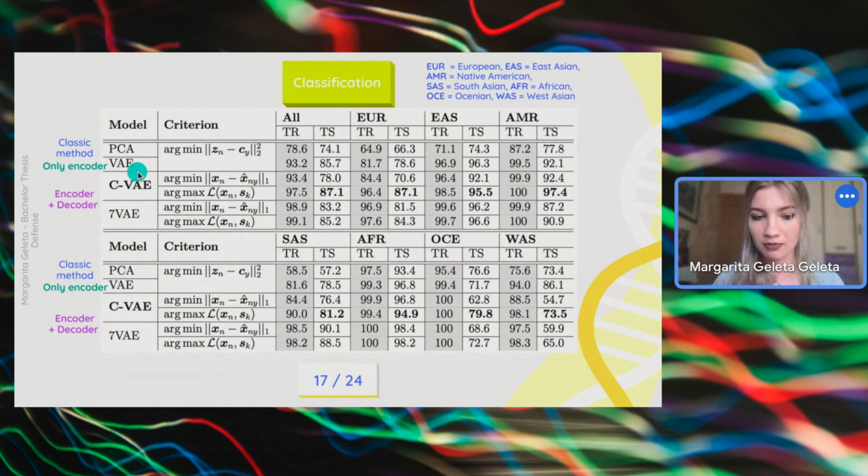Only encoder is the first method, classifying in our VAE space, and encoder plus decoder is the last method I explained. See that we have larger accuracies across all populations with the VAE space, much better than the linear classic PCA case. For example, for test data in classification for all populations, we have 74% accuracy, whereas in the VAE conditional case, 87. So that's an improvement.